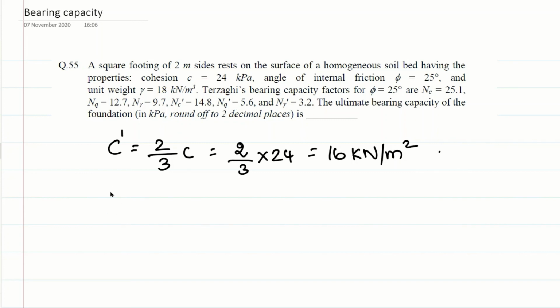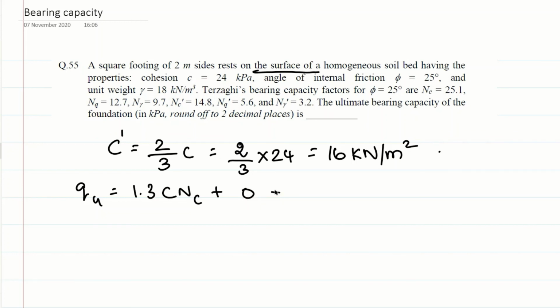So your bearing capacity equation itself is Qu equal to 1.3 C Nc plus gamma D Nq. See, here they are mentioning that the footing is resting on the surface. So D is 0, so the second term gamma D Nq is 0.